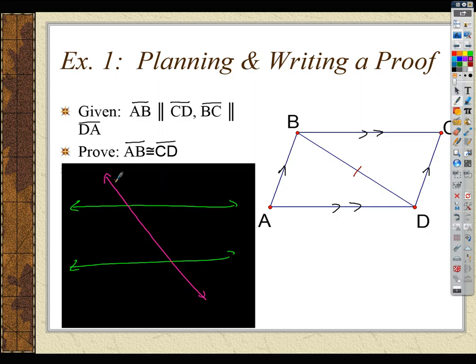If you think of this situation matching up with this picture, what are the angles that we're going to show are congruent? So this pink line is the transversal, right? The green lines correspond to the top and bottom sides. Which angles are important here?